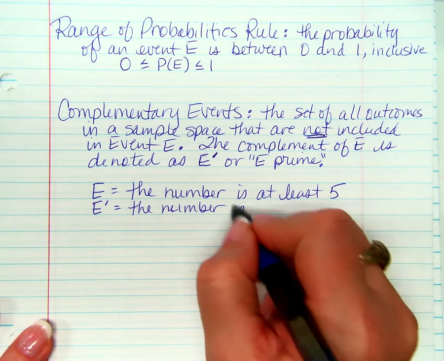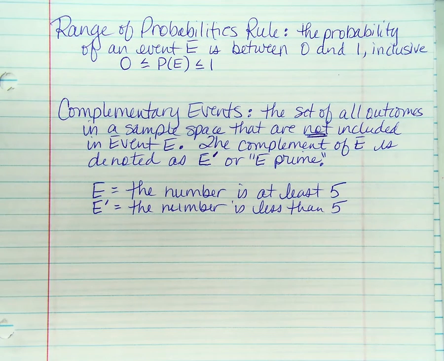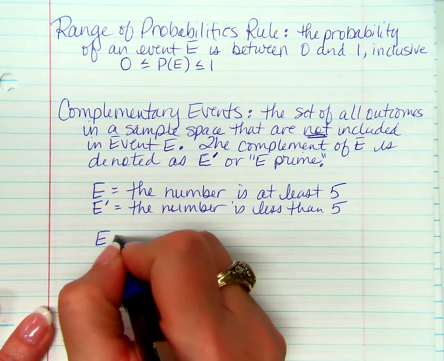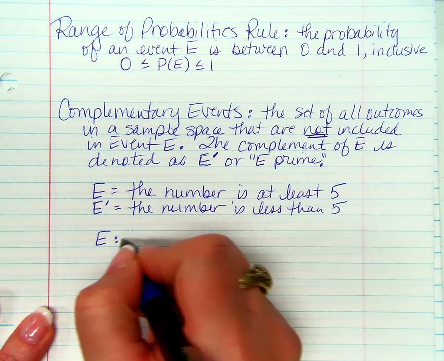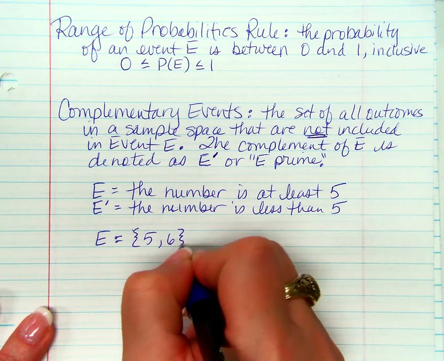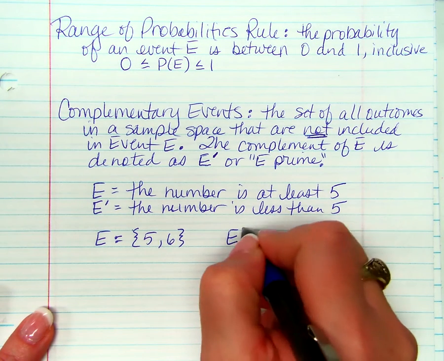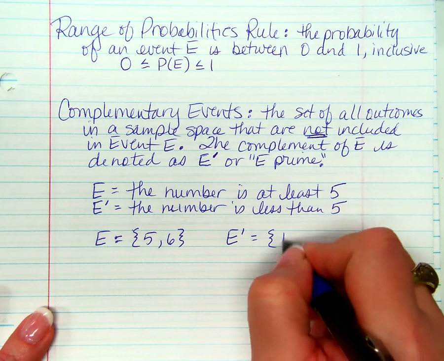That's right. Less than 5. So E would look like this, E equals 5 and 6, right? Those are numbers that are at least 5. What would E complement or E prime look like?